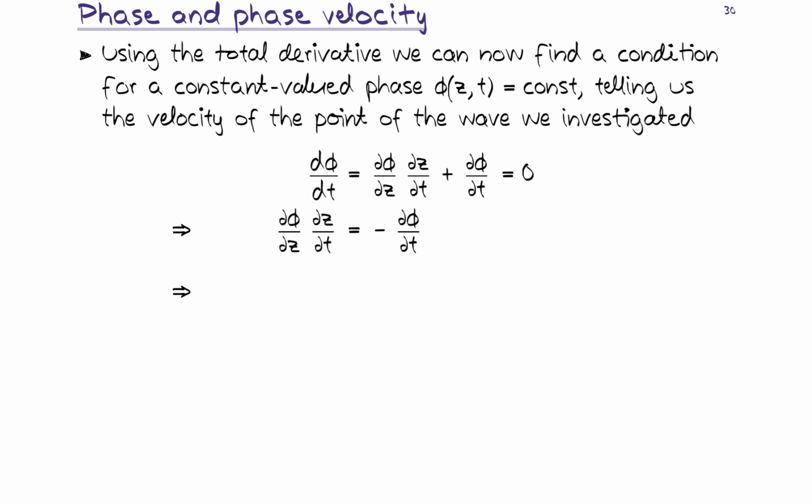And now we can move these terms slightly. So we can just leave the derivative of z with respect to time on the left-hand side. And since this is a partial derivative where phi is constant, I can slightly clarify the notation so that when I calculate this derivative, well, needless to say, it's a partial derivative, so in principle this should be constant, but this notation clarifies that when I'm calculating this derivative, the phase function is constant.